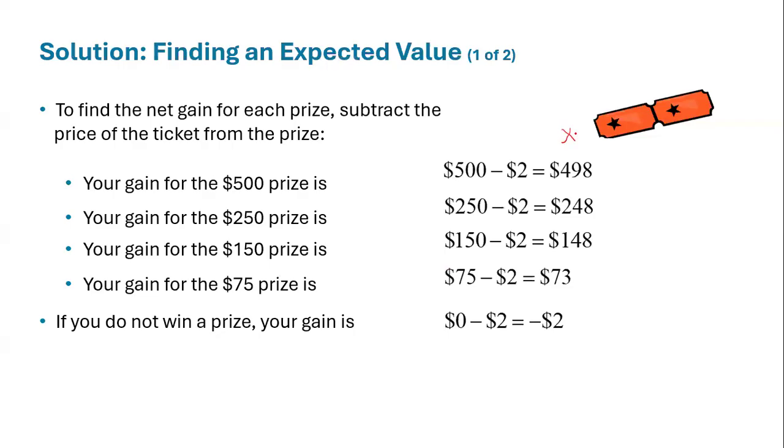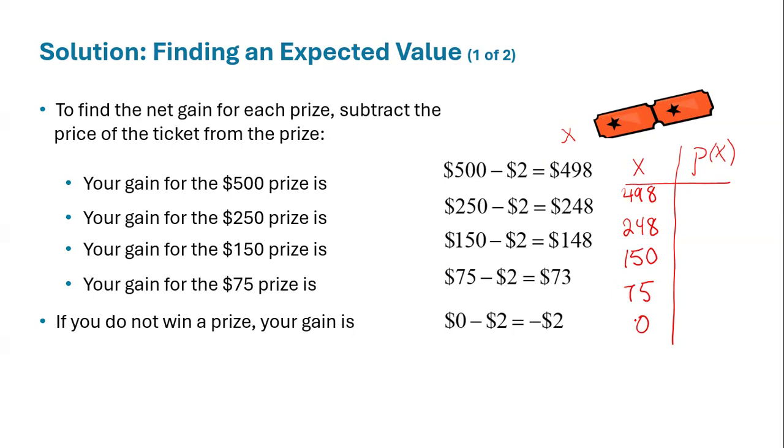Now, when you want to create a table, you need X values and a probability. Now we need to calculate the probability of winning each of these prizes. How much is the probability of winning a $500 ticket? $250? $150? $75? How much is winning nothing?